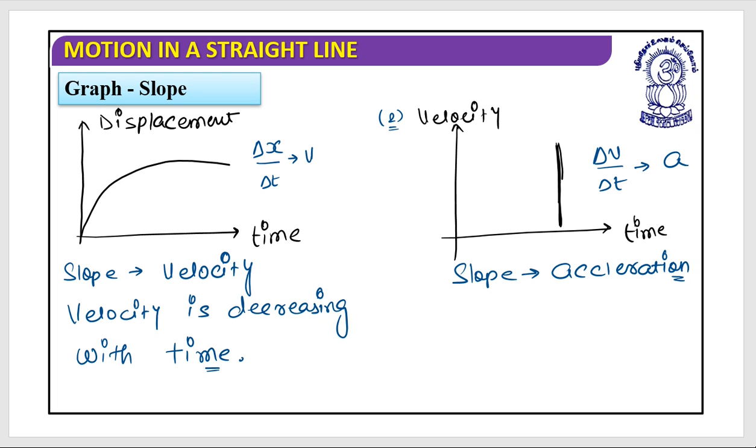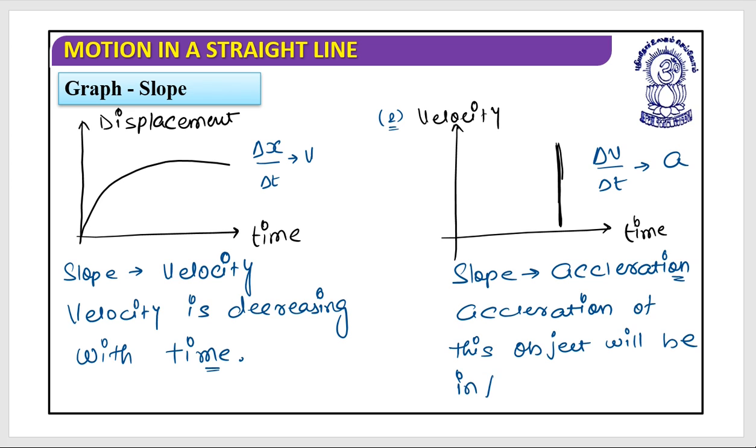Now, what does it represent? Yes, it is an infinite slope. So this situation shows that the acceleration of this object will be infinite.